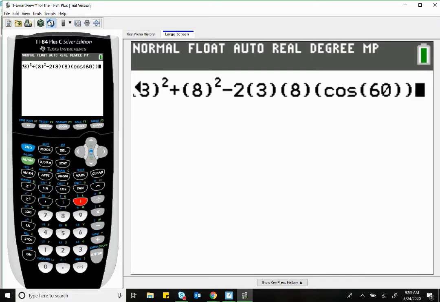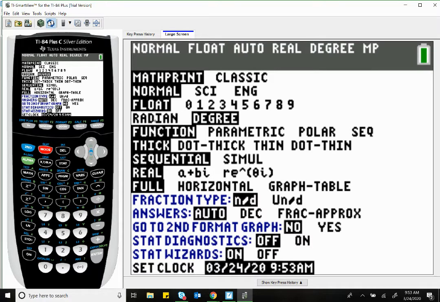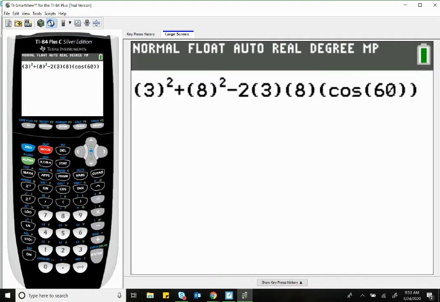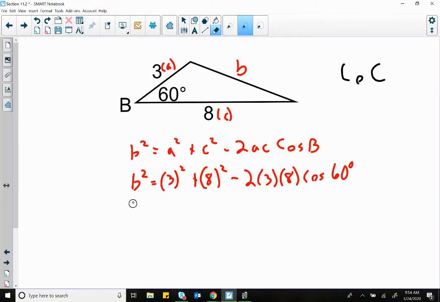Again, if you're not in degrees, you just go to mode, and then you switch it from radians to degrees by hitting enter once you get the cursor on the degree piece. So you hit enter, and now you're in degrees. Second quit gets you out. And so I've got everything in degrees now. We've got it all in. We hit enter, and there is what b squared equals.